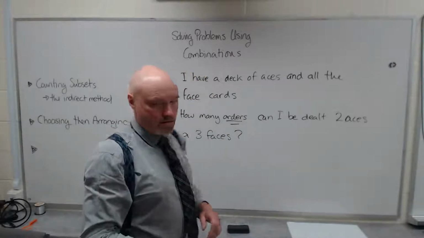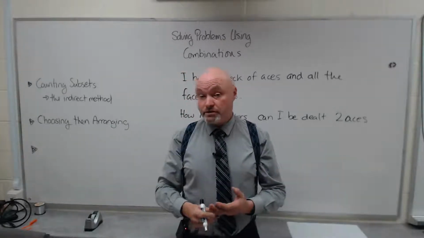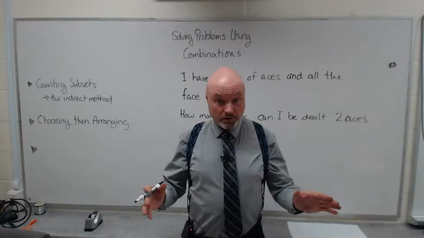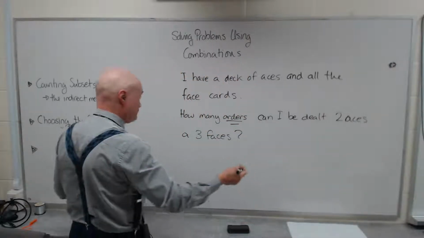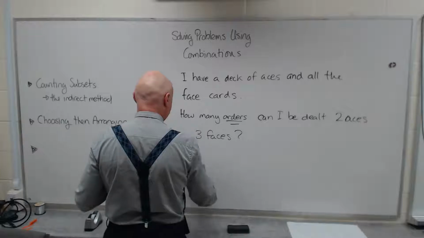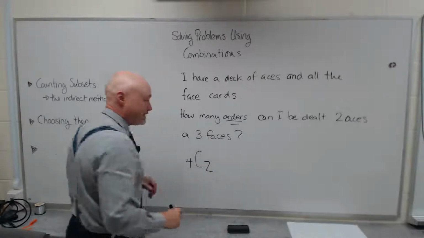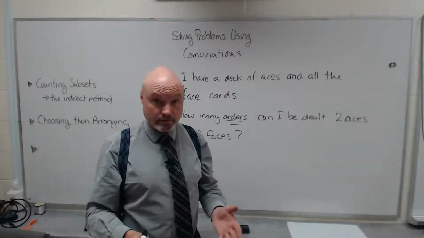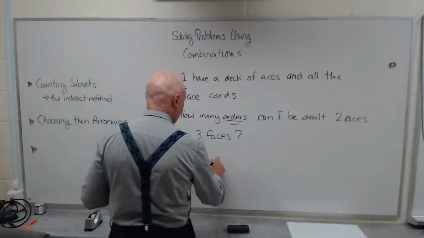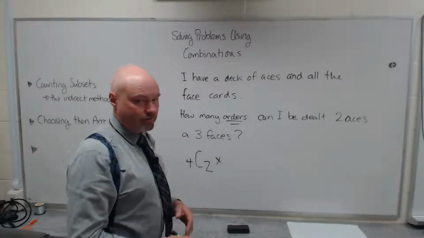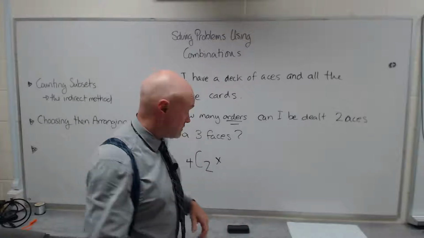Okay. So this involves combinations, and then we need to consider the permutations. So here we go. There are 4 choose 2 ways that I can choose my aces. Each of those can be combined with all the ways that I choose my face cards.